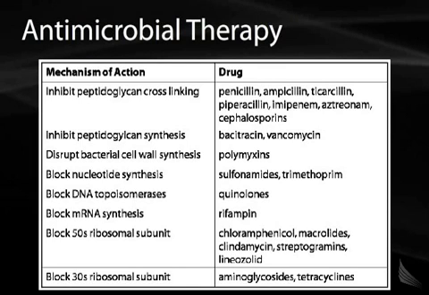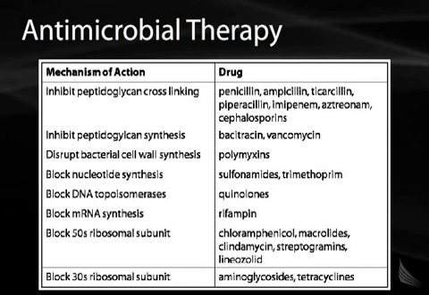Examples of each of the different types of antimicrobial activity are given in this table. So inhibiting peptidoglycan cross-linking, you can see, is common with the penicillins and the cephalosporins. If you inhibit peptidoglycan synthesis, you've got bacitracin or vancomycin. When you want to target the DNA topoisomerase, that means you've got a quinolone, like levaquin, a fluoroquinolone.